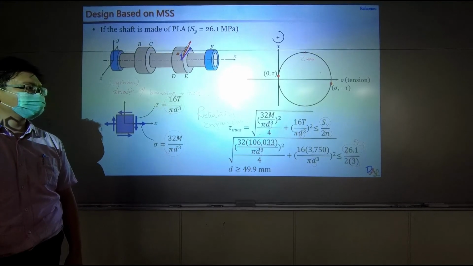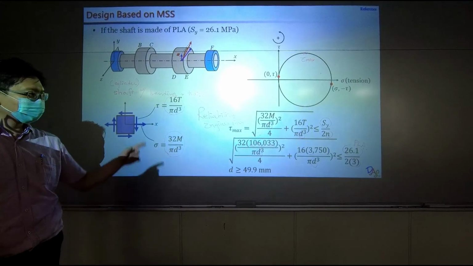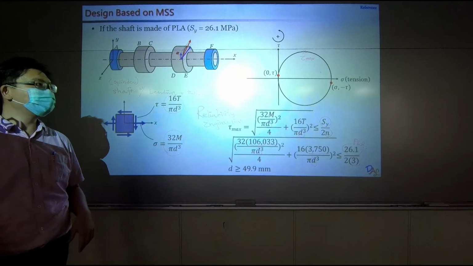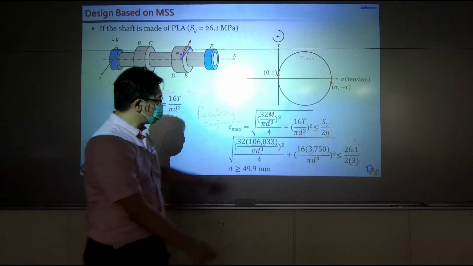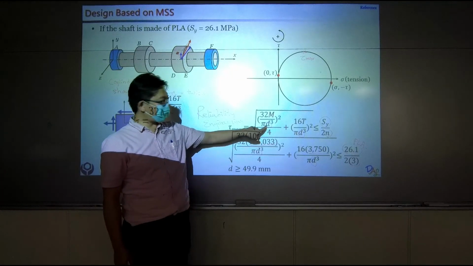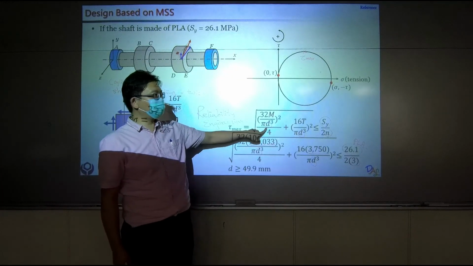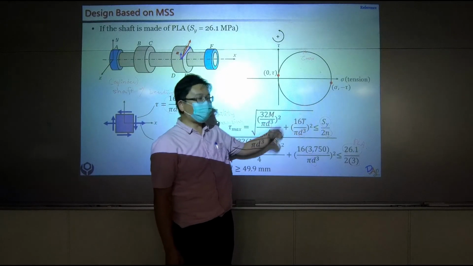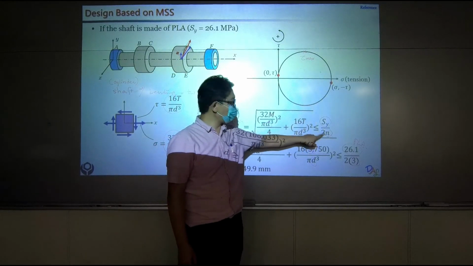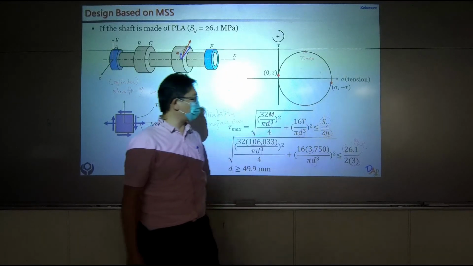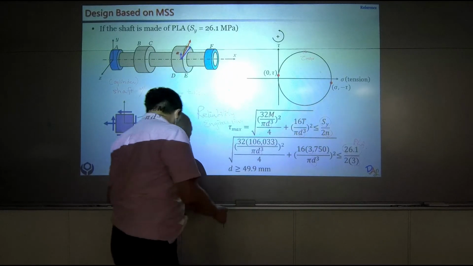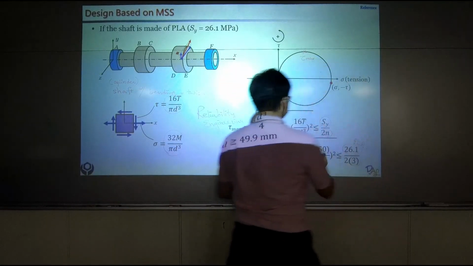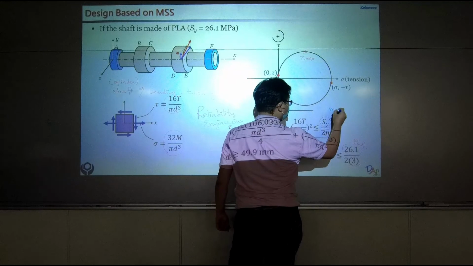Okay? So when we solve a problem in the future, I may give you the dimension, or I may give you the material property, or I may give you the safety level. In this equation, we have several unknown parameters. This is about material.